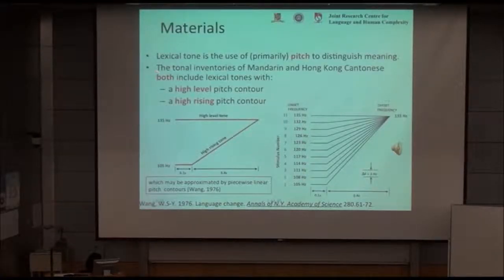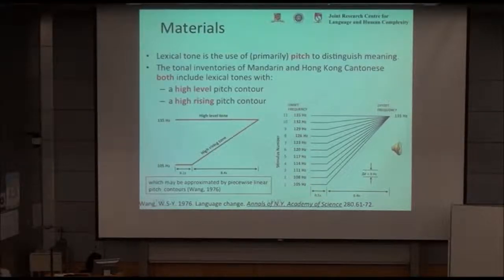So the tone inventories of Mandarin and Cantonese both include these 2 tones: the high level pitch contour for the high level tone, and the high rising pitch contour for the high rising tone. And the following perception procedure will also create a continuum, which includes 11 stimuli, also starting from 105 Hertz to 135 Hertz.